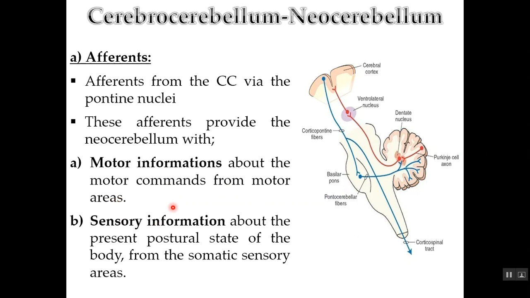And number two, it sends sensory information about the postural state of the body from the somatosensory area. So the cerebrocerebellum receives information about the plan of the movement and about the position of the body in space. What does it use this information for?